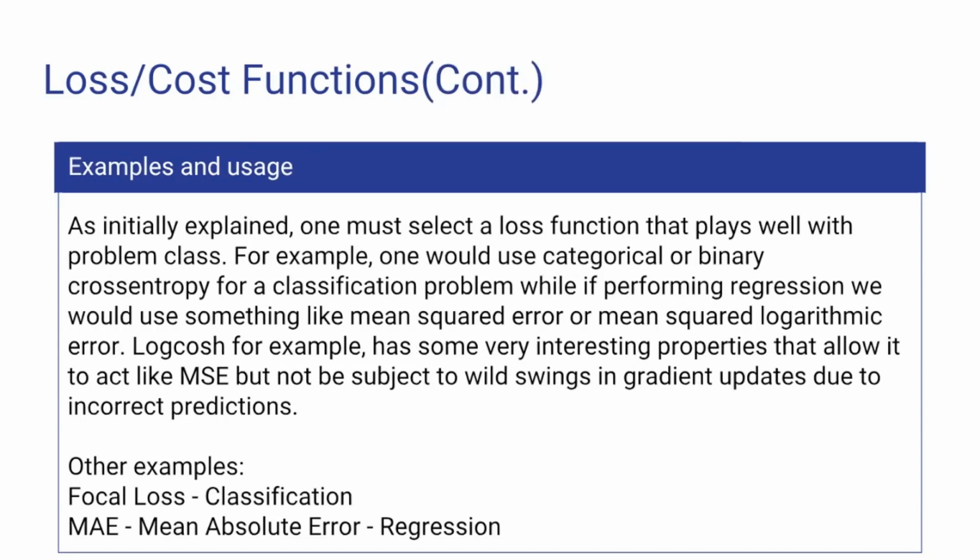So a bit more on that. As I said, only certain functions will play well with a problem class. We'd use binary or cross entropy loss on a classification problem, but if we were doing regression, we would have to use something like mean squared error or mean squared logarithmic error, which just takes the mean square over error.